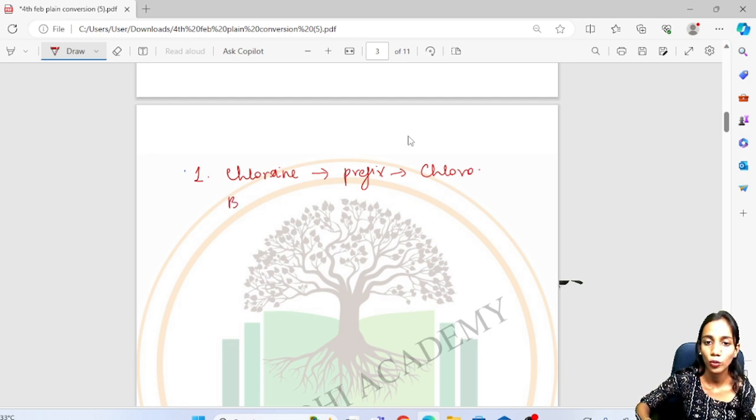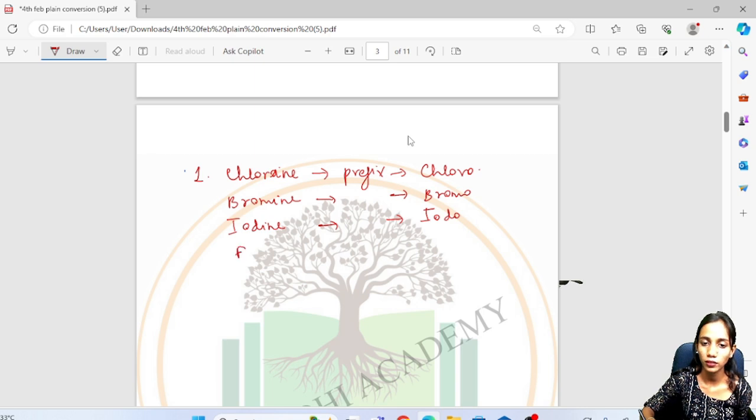In case of bromine, it is bromo. In case of iodine, it is iodo. And in case of fluorine, it is fluoro. So this is for halogens.